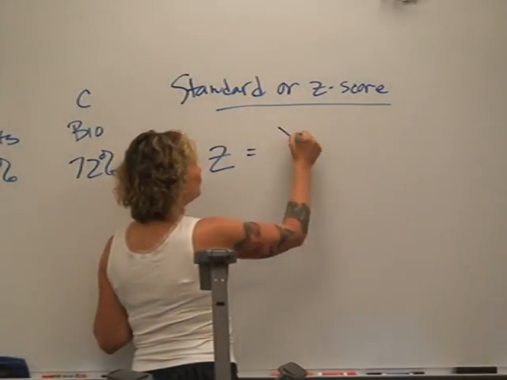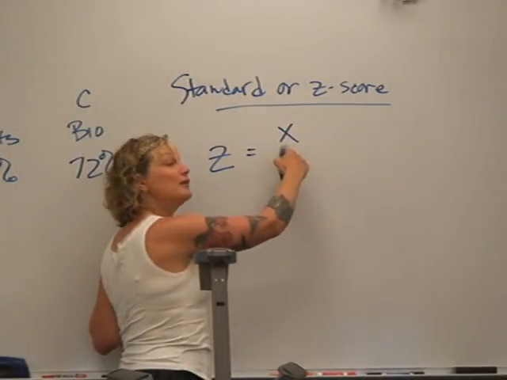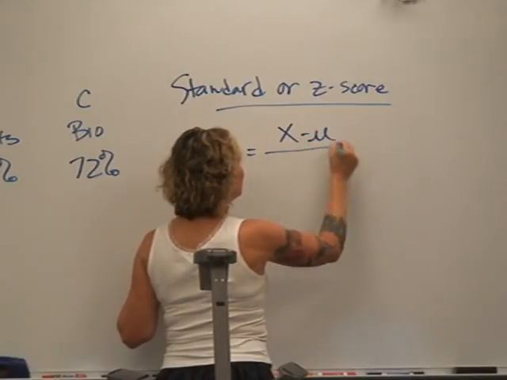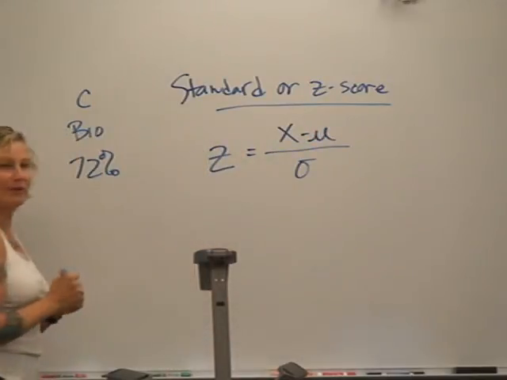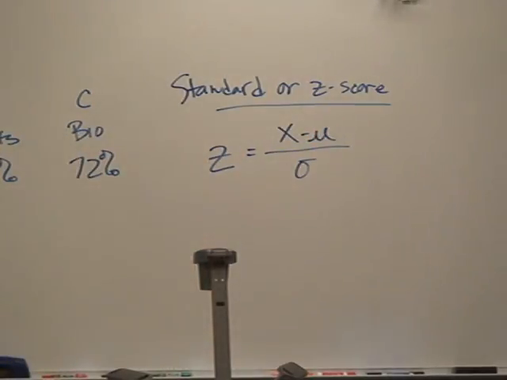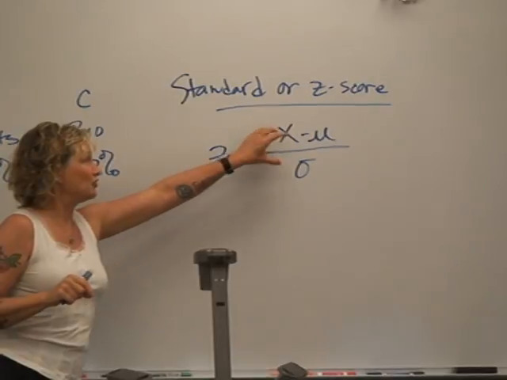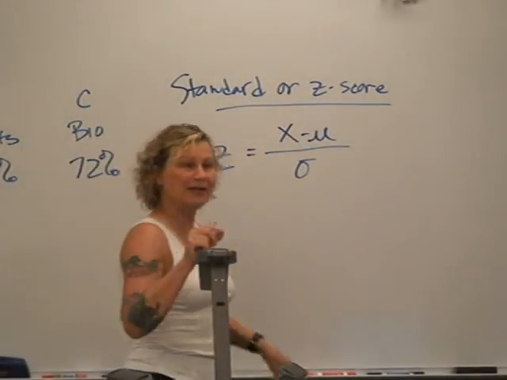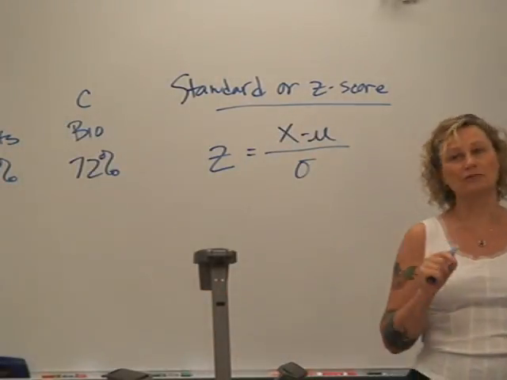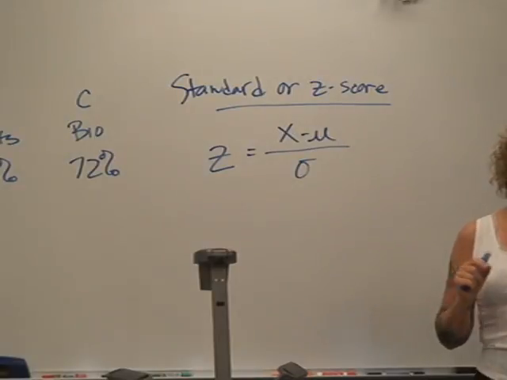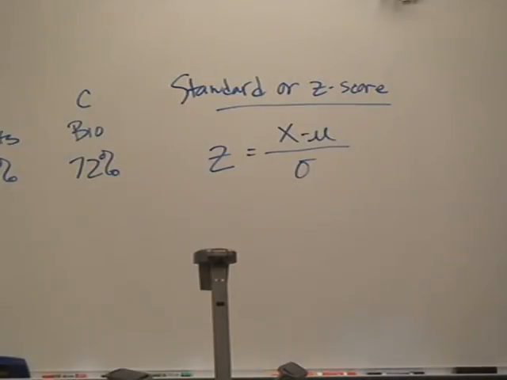What you do is you take the data value, you subtract the mean, and you divide the whole thing by the standard deviation. And what that gives you is the exact placement of that data value within the distribution in terms of standard deviations, okay?